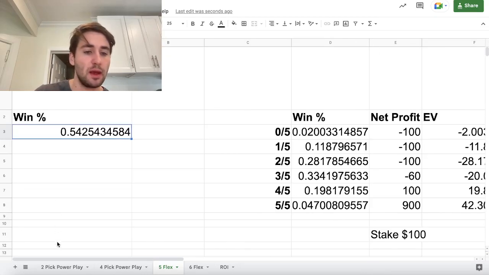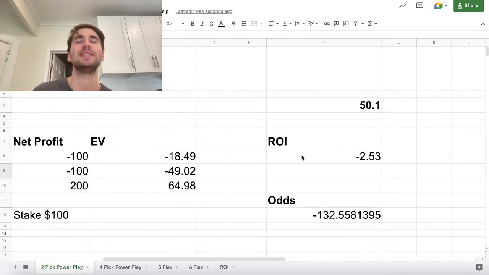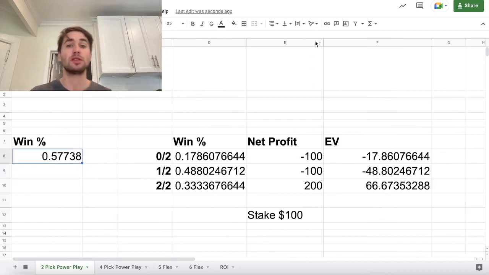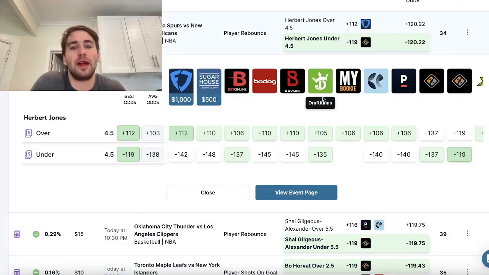Now, if you go to a 2-pick power play, if you're hitting 57%, your ROI is negative 2.5%. So if you're playing 2-pick power plays, you don't even stand a chance. Your ROI goes from like 20% in a 5 flex to negative 2.5% in a 2-pick power play. So it really matters, right?